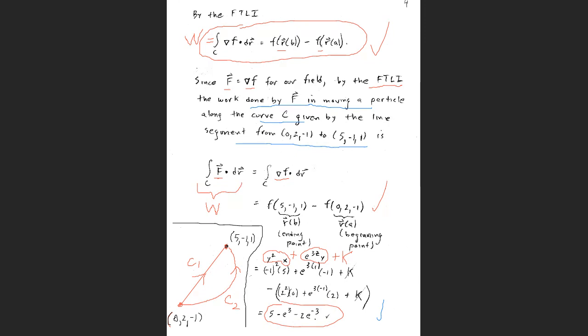Would the work that the force field does in moving the particle from the point (0, 2, -1) to the point (5, -1, 1) along this different path, C2, still be equal to 5 minus e to the third power minus 2 times e to the negative third power? Would the work change, or would it be the same?